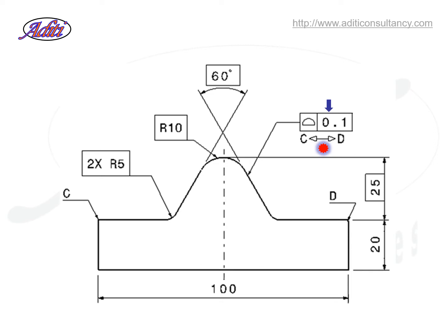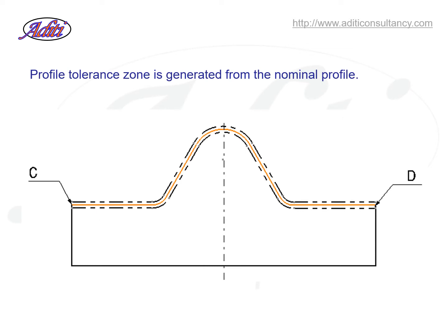The meaning of this is that the profile of surface tolerance of 0.1 mm is applicable only for the features between points C and D. The dimensions of this part only between points C and D are basic. The profile of surface tolerance zone is now created as shown in this figure using two offset curves of all the nominal features of the top surface only between the two points C and D.